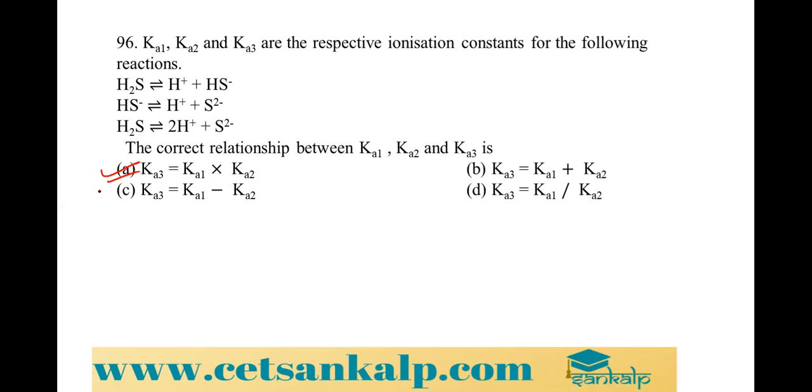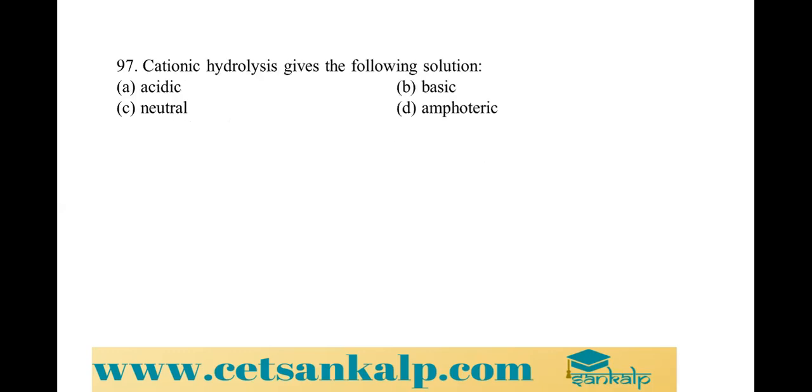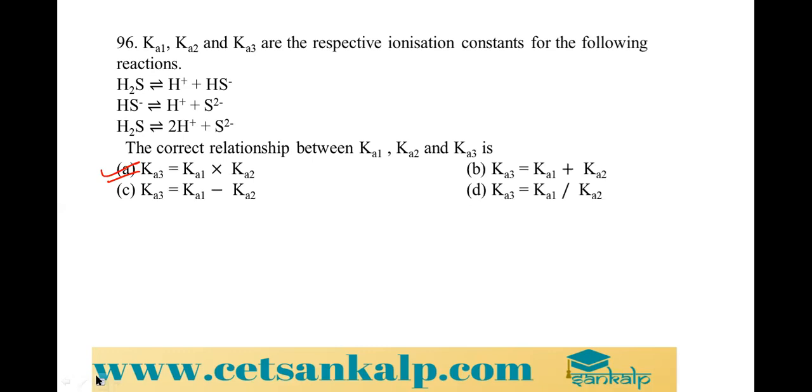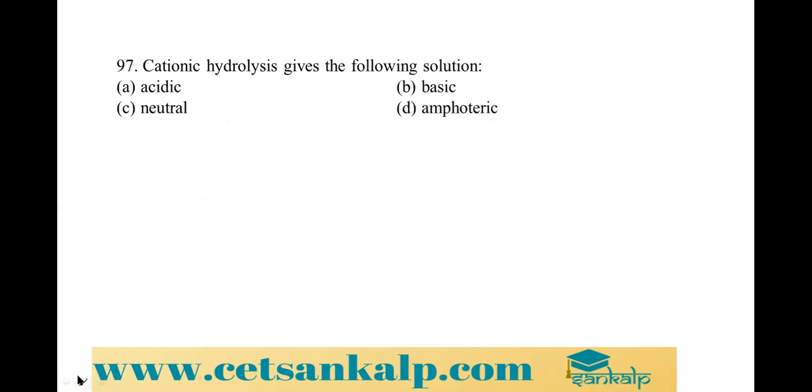Right. So the next question, cationic hydrolysis gives the following solution. Cationic hydrolysis, what is given there? We are taking NH4Cl plus H2O giving rise to NH4OH plus HCl.